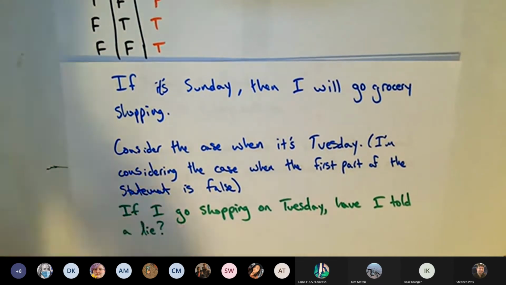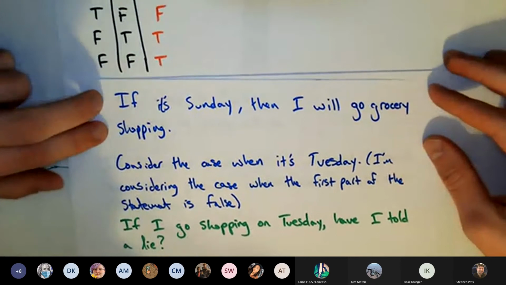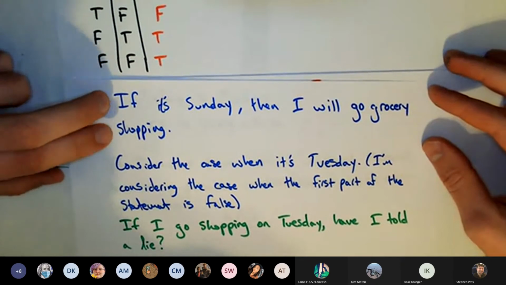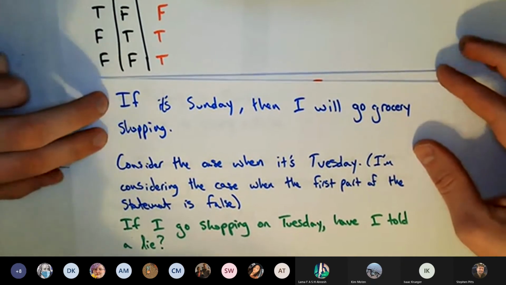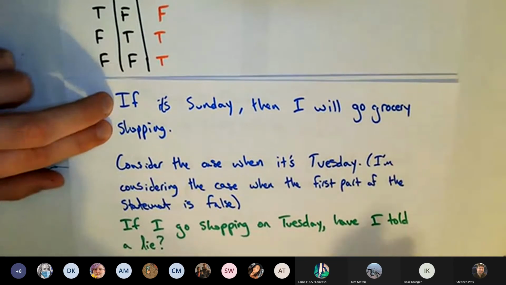Okay, so the case is it's Tuesday. And I say out loud, if it's Sunday, then I'm going to go grocery shopping. But then I go shopping on Tuesday. Is this statement a lie? Well, it's not, right? It can only be a lie if the day is Sunday and I don't go grocery shopping, right?